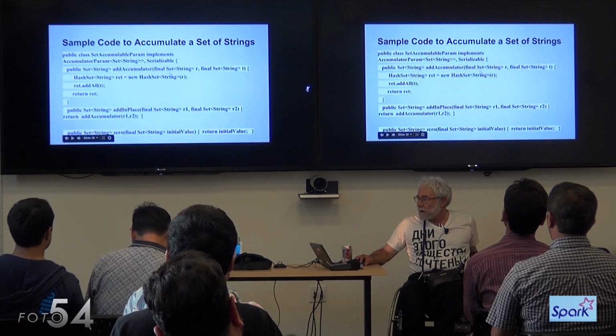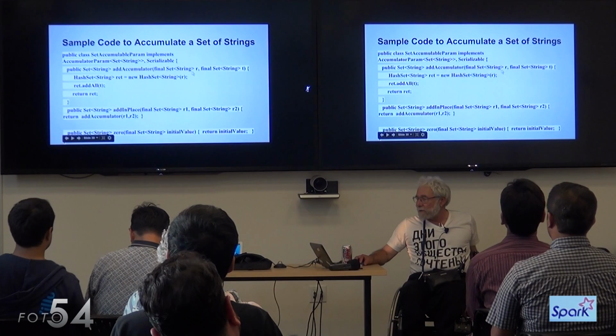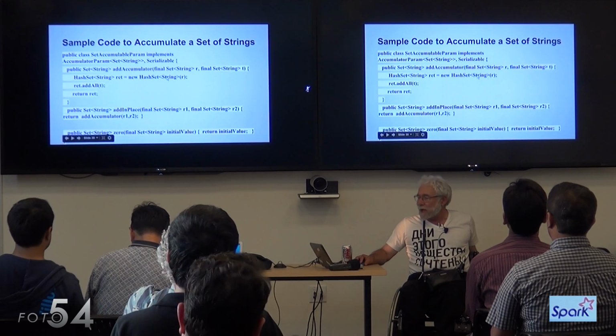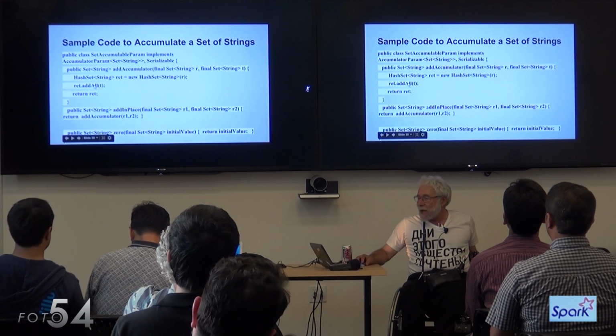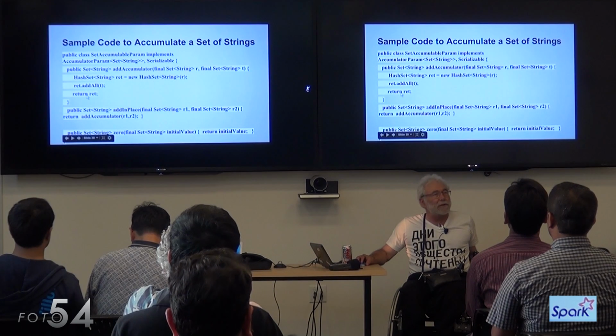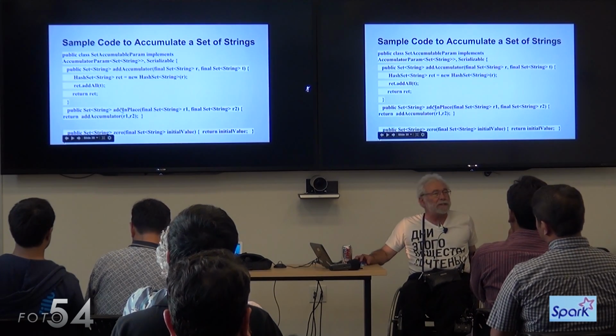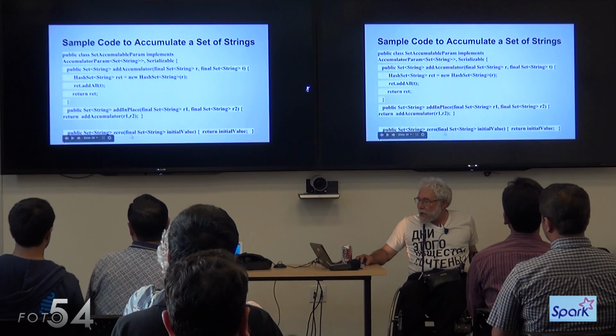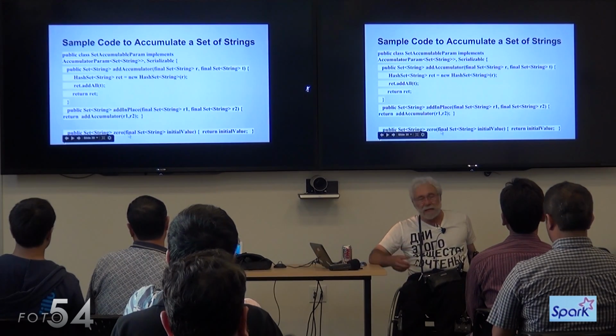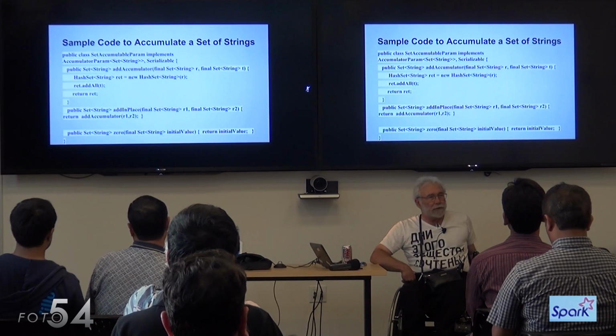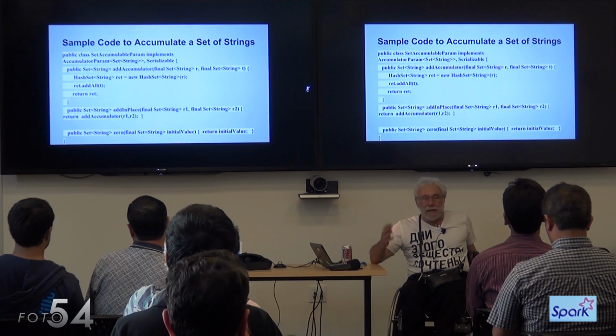And the really tricky method is to say if I have two sets of strings, I add them together by creating a new set, adding all from the second set and returning the new set. There's an add in place which will do essentially the same thing. And zero, if I pass in a value, I call zero, what do I do? I'll return it. That's it.